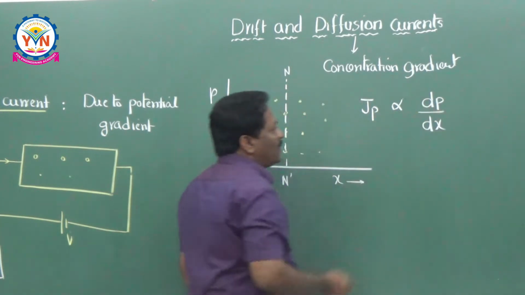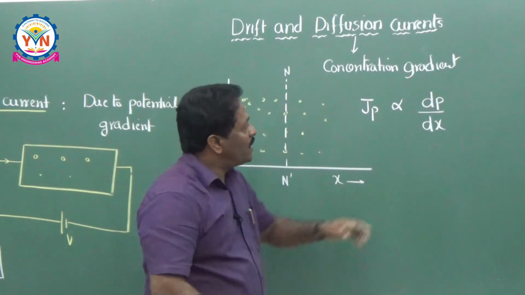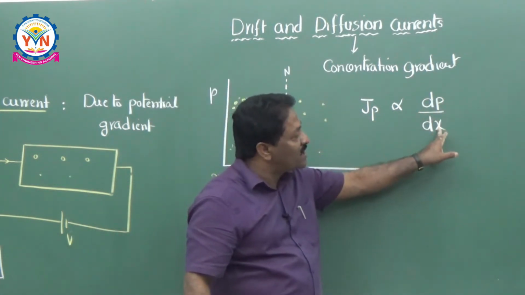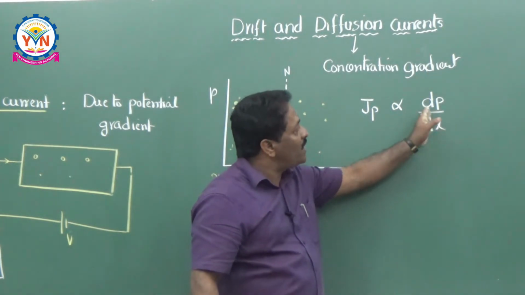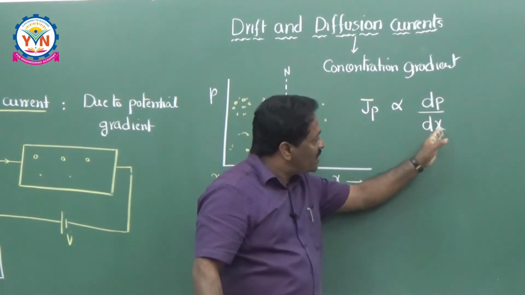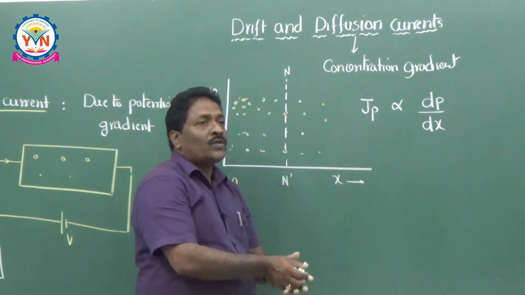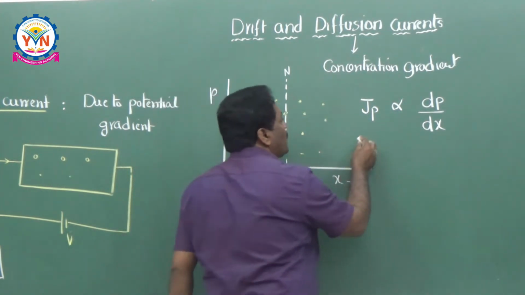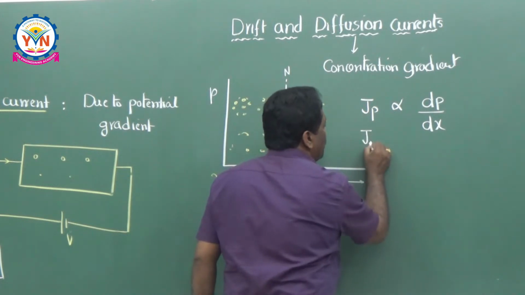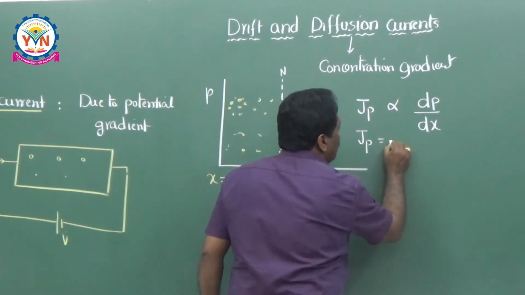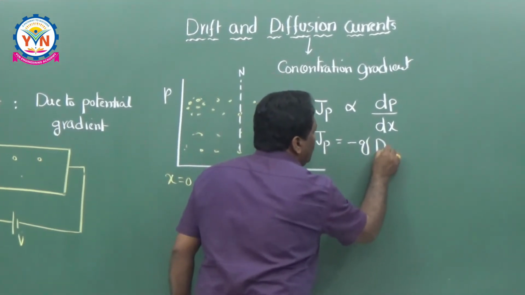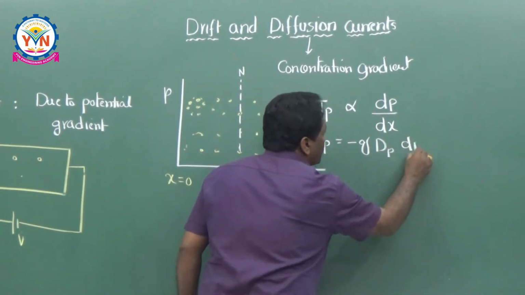What does it mean? dP by dx means rate of change of holes with distance x. If the rate of change of holes with distance changes like this, then the current is flowing. So finally, I can remove this proportionality: Jp is equal to minus q into Dp into dP by dx.